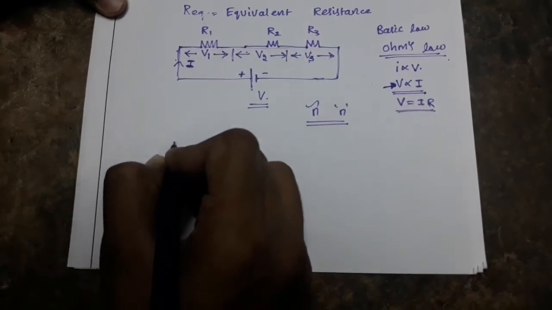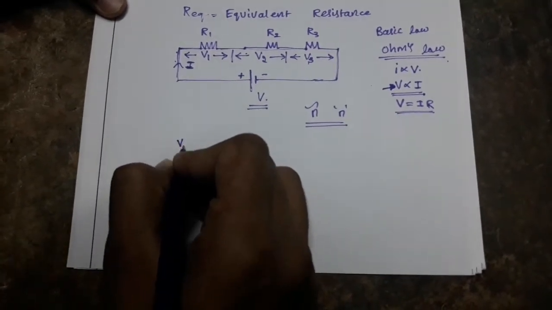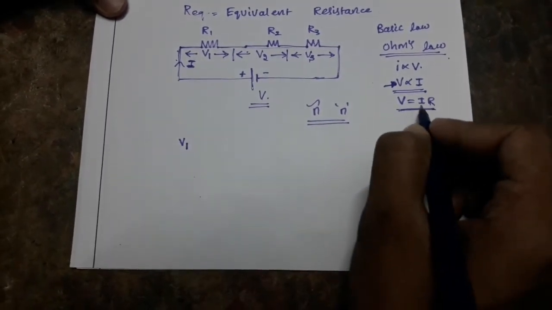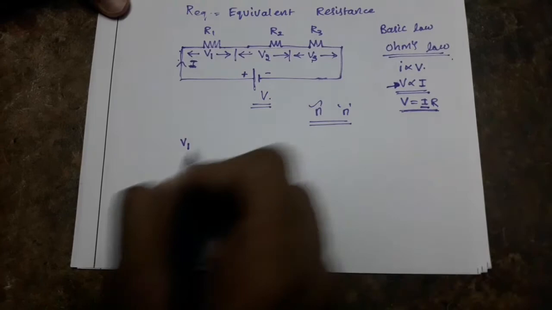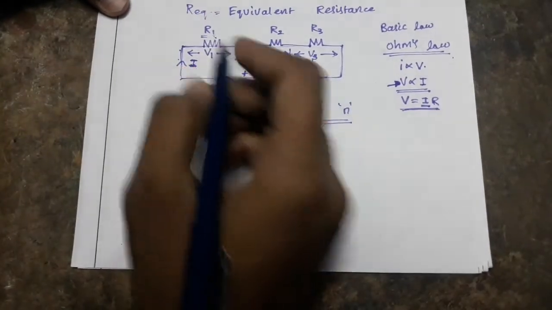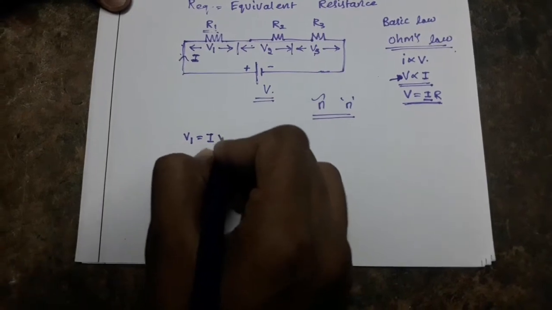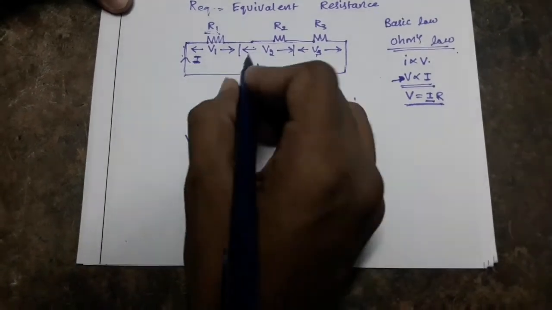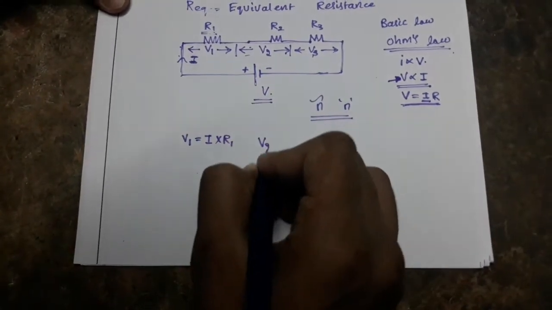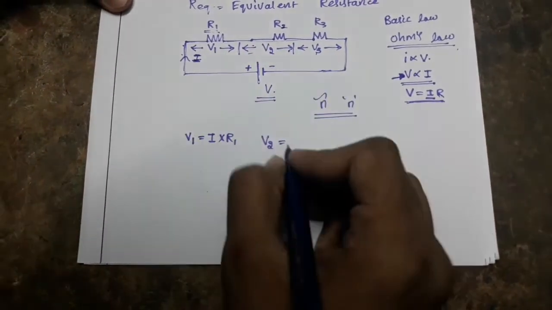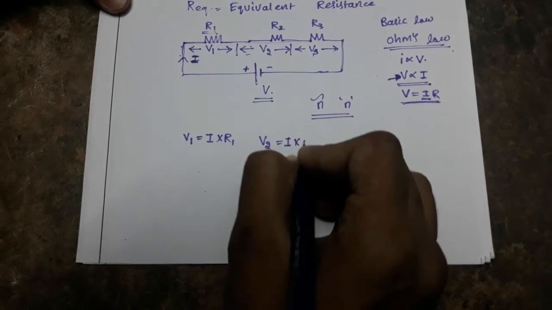For finding the voltage across resistor 1, by applying Ohm's law, we have to know the current through the resistor R1, that is I into R1. For finding V2, we have to know the current flowing through R2, that is I into R2.